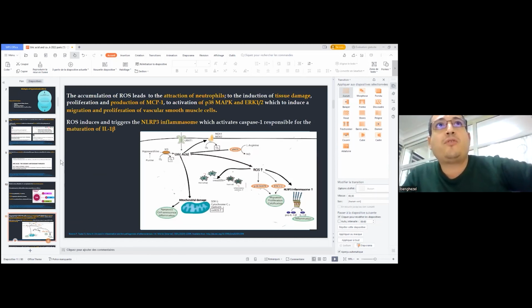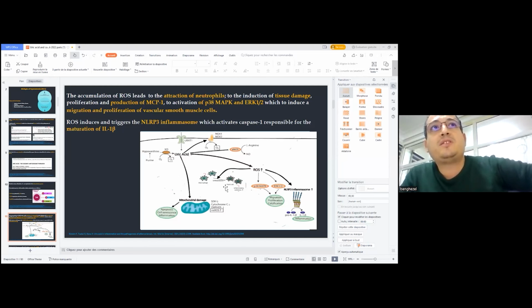The accumulation of reactive oxygen species leads to the attraction of neutrophils, to the induction of tissue damage, proliferation and production of monocyte chemoattractant protein 1, and to activation of p38, MAPK, and ERK, which induce migration and proliferation of vascular smooth muscle cells.